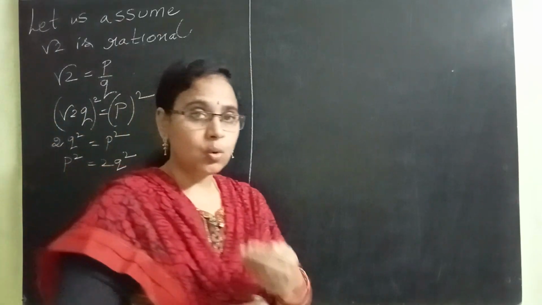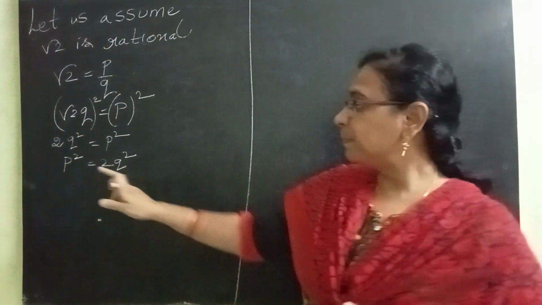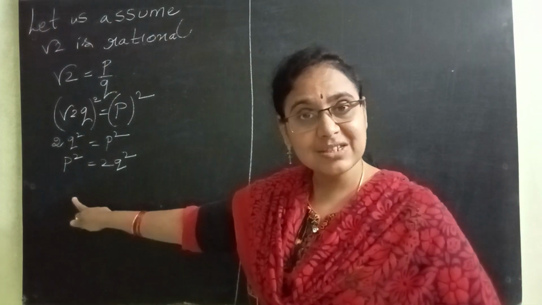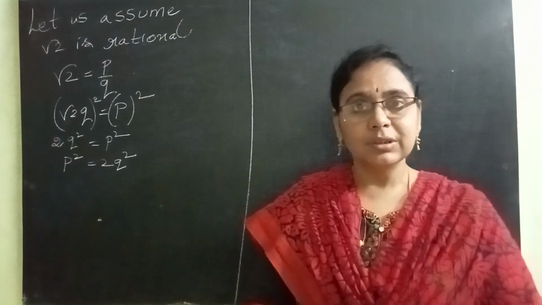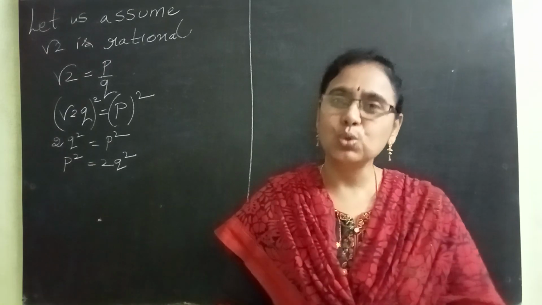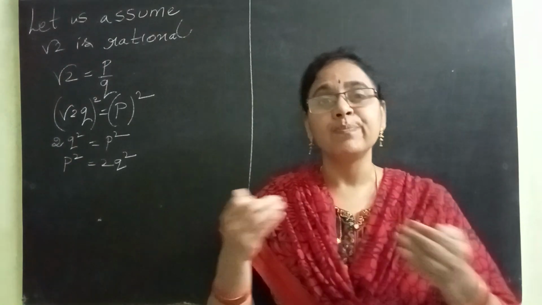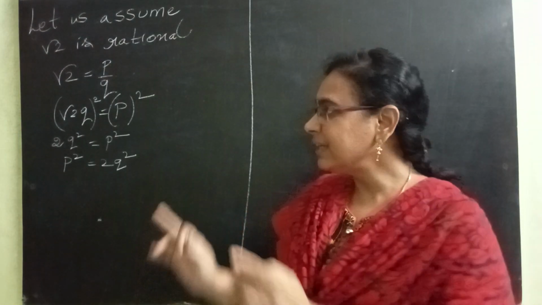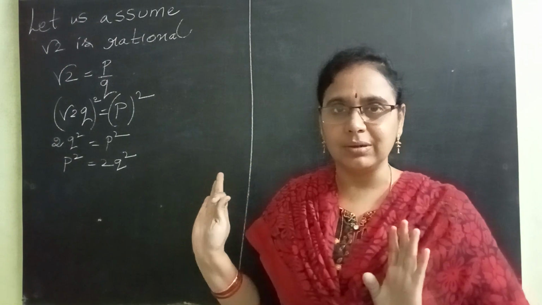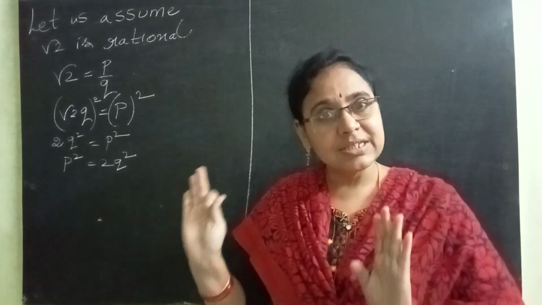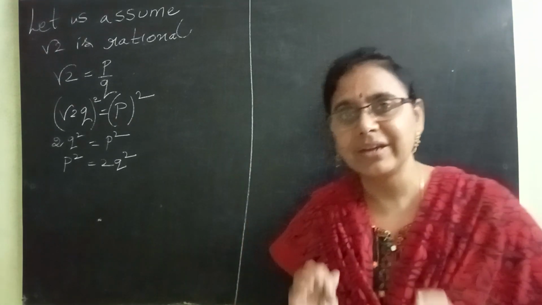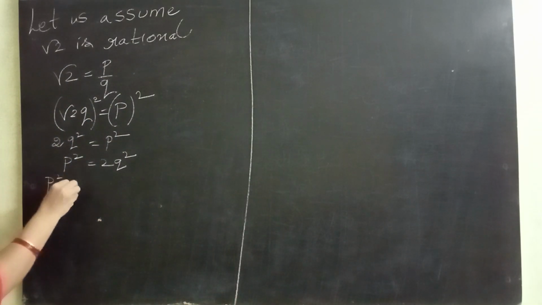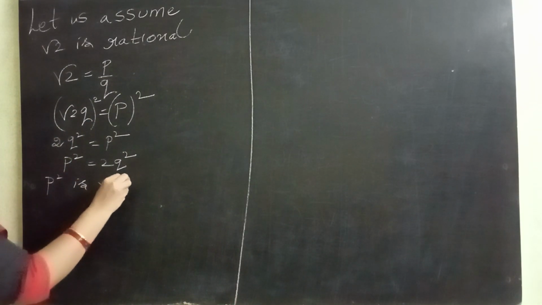By seeing this, what would you conclude? p square is a multiple of 2. That means 2 into 1, 2 into 5, 2 into 10, 2 into 50, 2 into 100. Surely it is in the 2 table, which is very sure. So here I am writing p square is a multiple of 2.